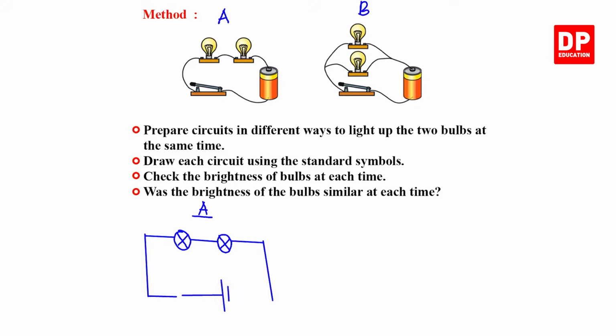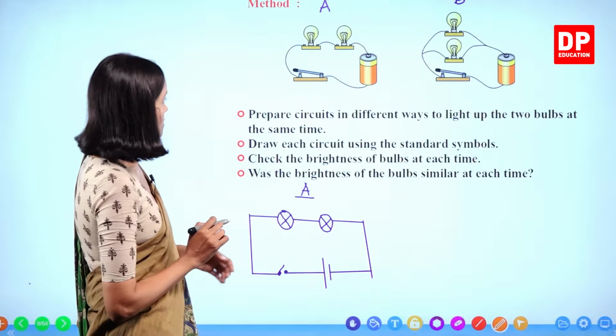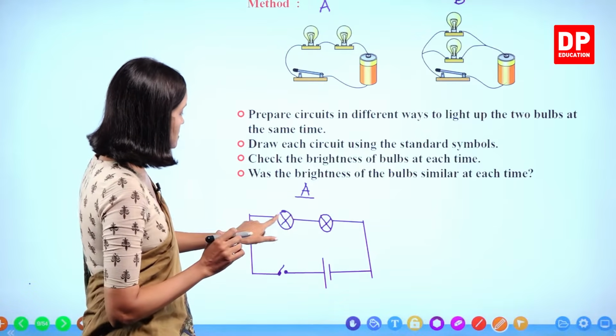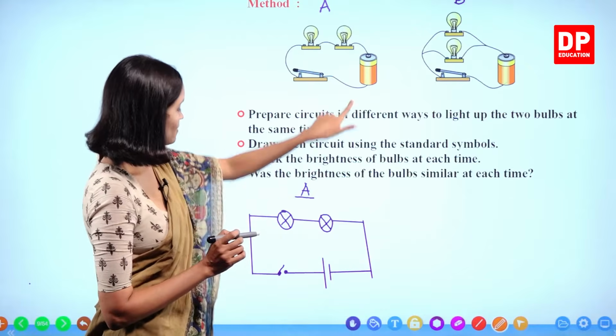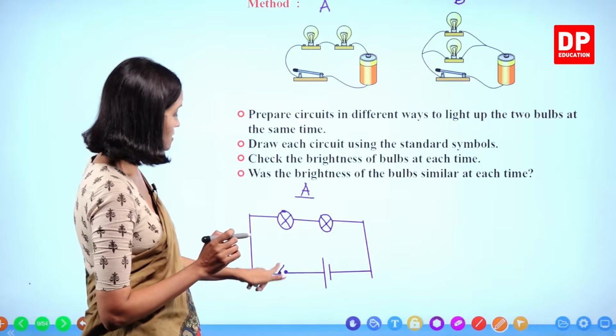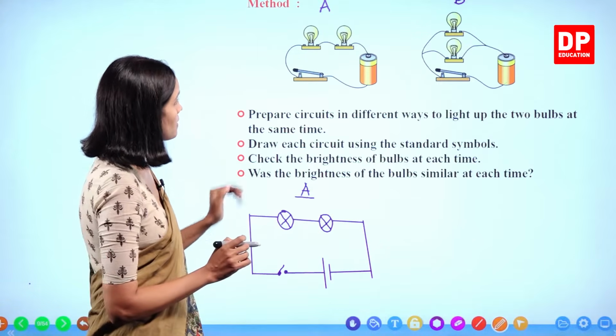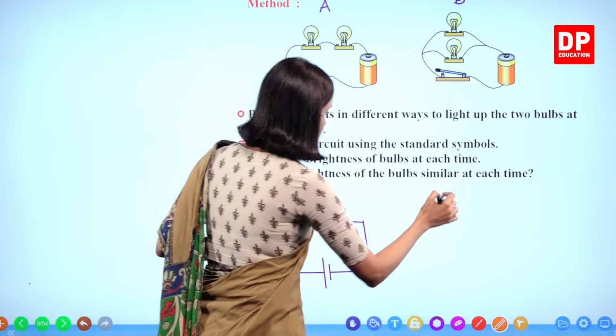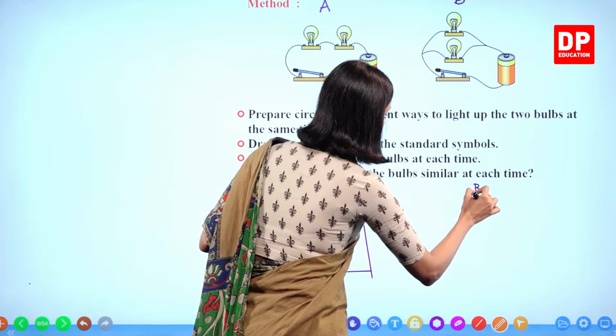Long line, short line. Okay. Right? Two bulbs in the same line with connective wires, one dry cell and a switch. Okay? What about B? Let's draw B as well.